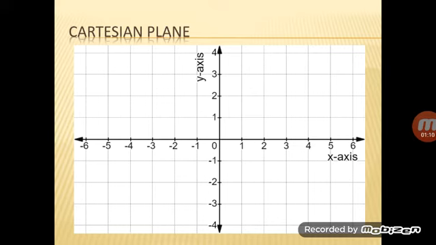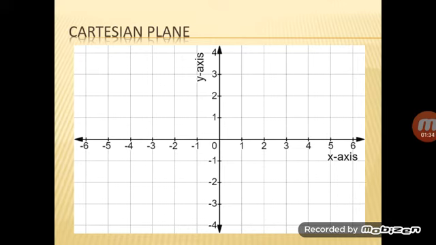Now the position of any point in the plane can be determined by its distance from each of the axes. Thus its position is given by an ordered pair. When we talk about the ordered pair, it is the composition of x coordinate and y coordinate, having two values written within parentheses in a fixed order.